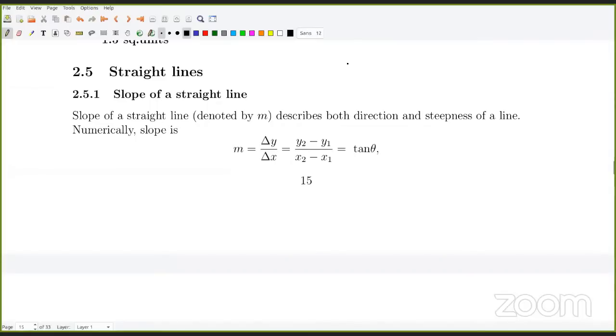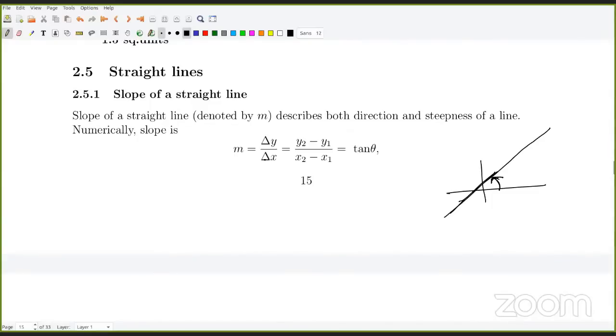In order to talk about straight lines, first and foremost we need to talk about the slope of a straight line. Slope gives you both the direction and steepness of a line. How steep it is and in which direction, how inclined it is with respect to the x-axis, is nothing but the slope.